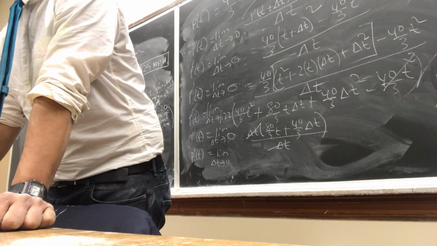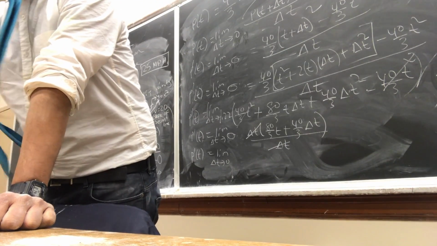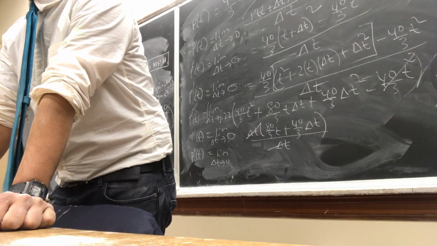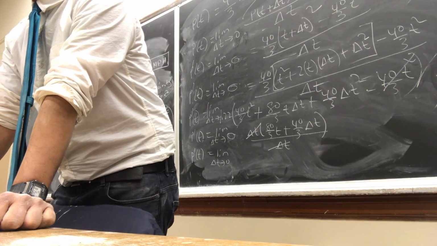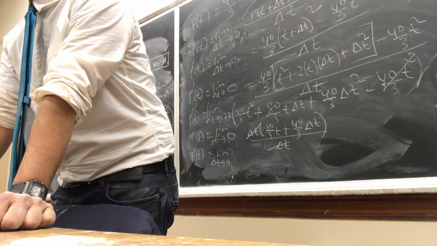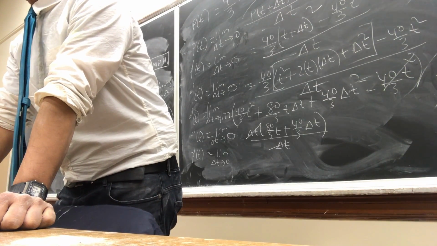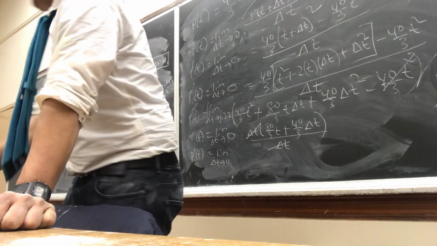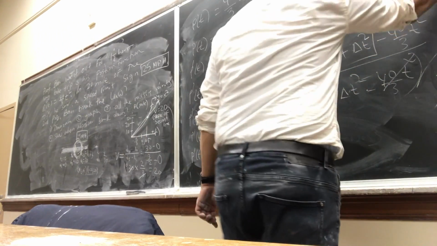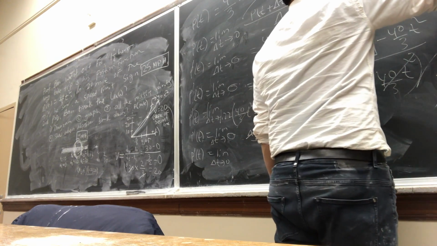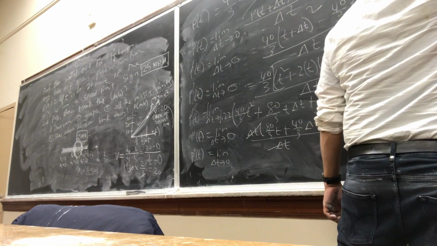Because he said it, instead of me moving to him, I can say he said 1.22, 1.21, 1.2. So this is what he was trying to say. Delta t goes to 1. Our target is 1.22.